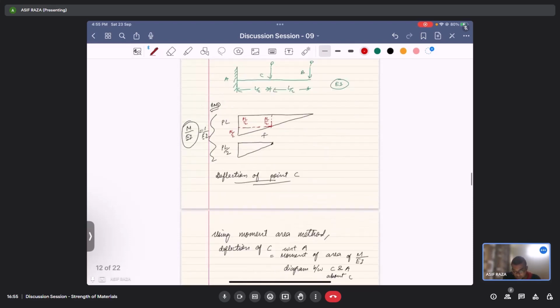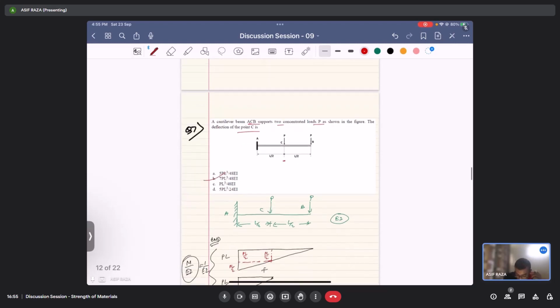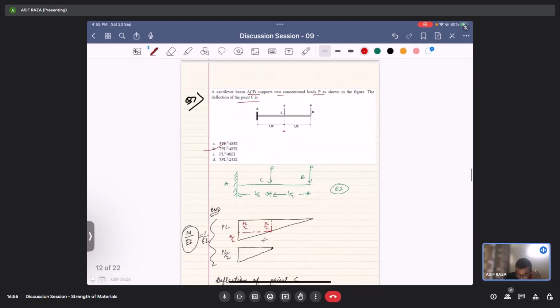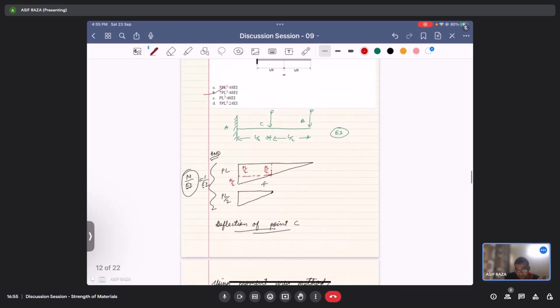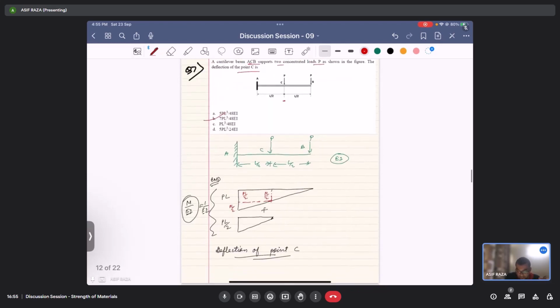To find the deflection at C, we first calculate the bending moment diagram of the given system.